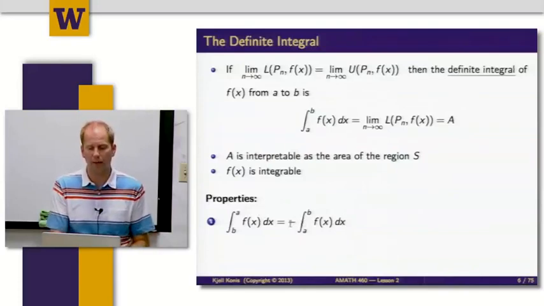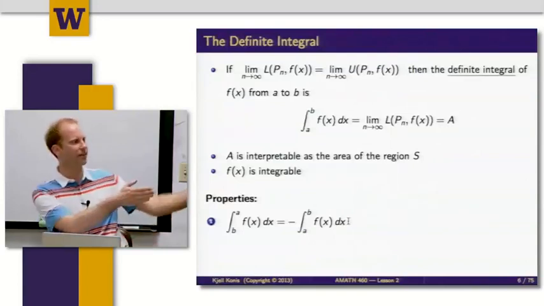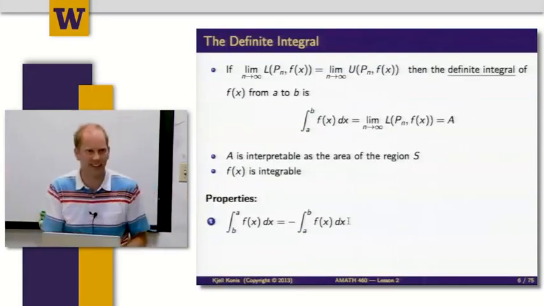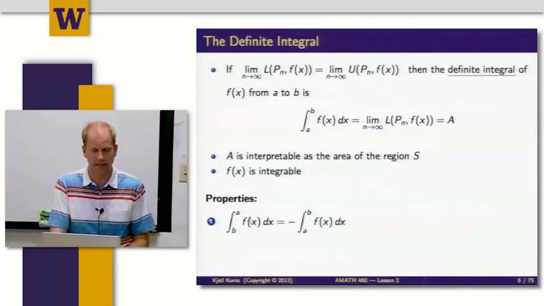I'm just going to end up with minus the definite integral from a to b of f of x. So in particular, it's sort of like area, but somehow a little bit different, because the area of a rectangle doesn't really change whether I look at it going this way or this way, it's the same area. But the value of an integral is going to change depending on if I'm going from left to right or right to left.